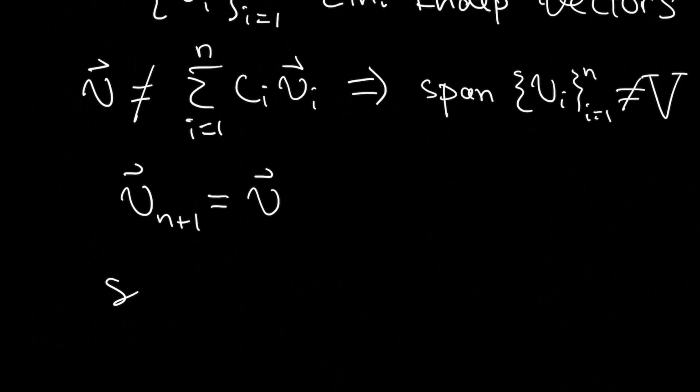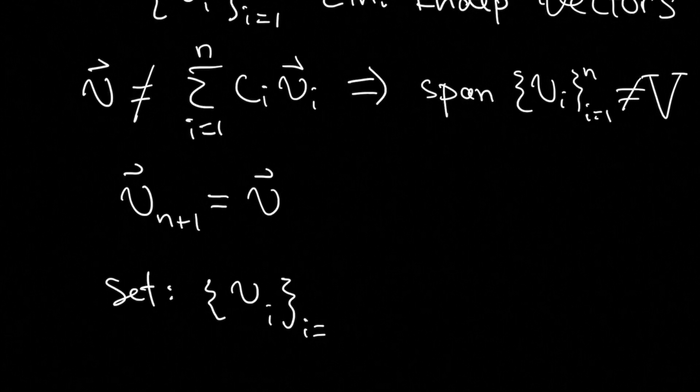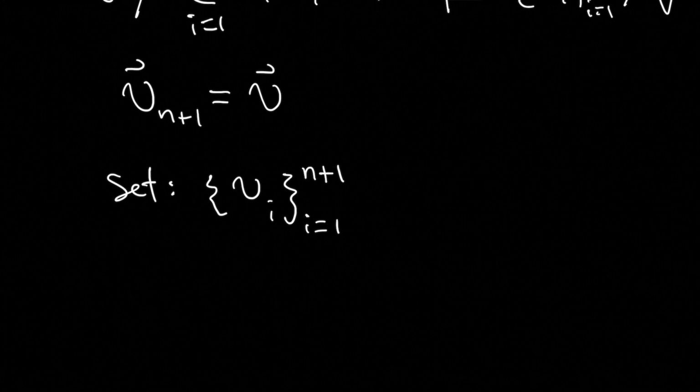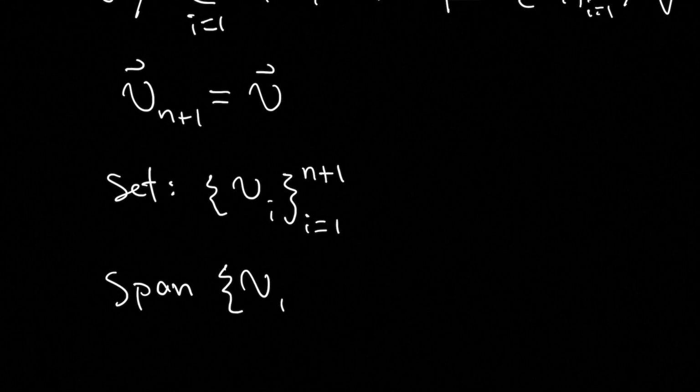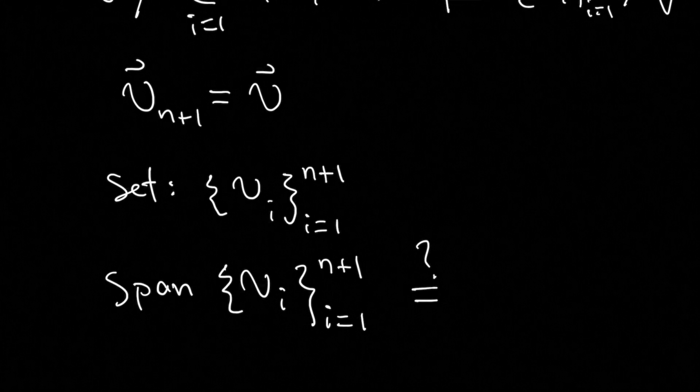And then our set is going to look very similar, but it's going to have a new member, n plus 1. And then we can check the span of this set and see if it equals the full set of vectors.